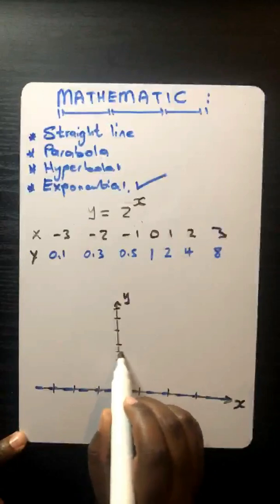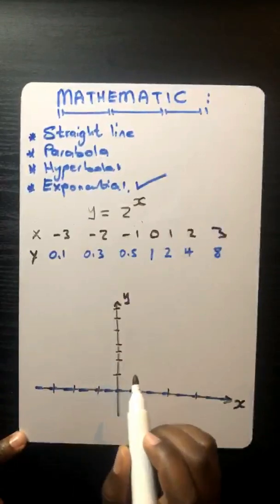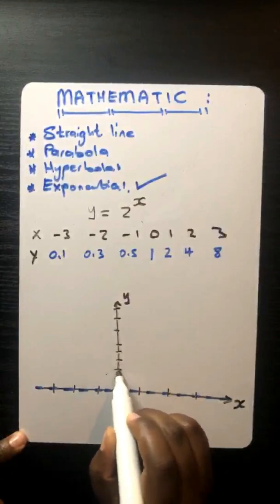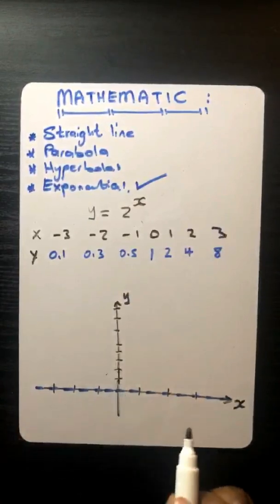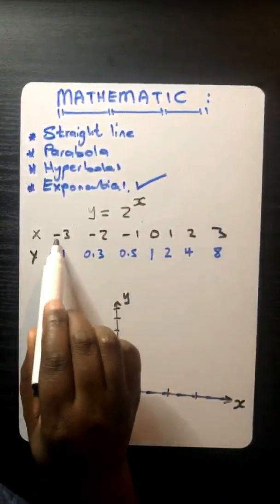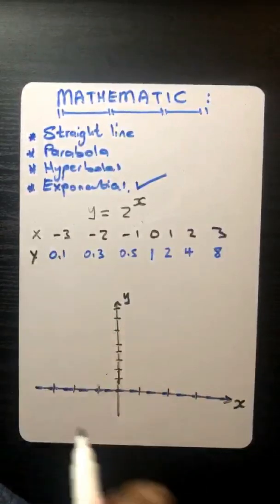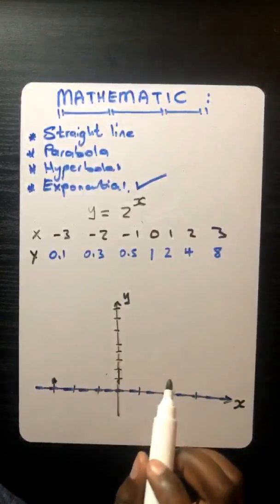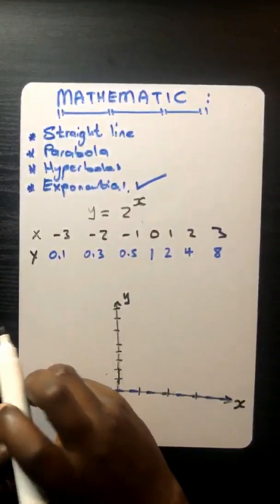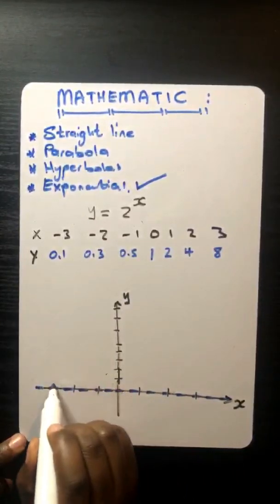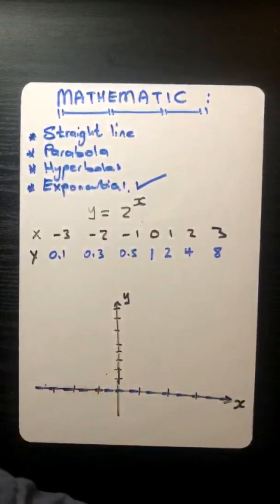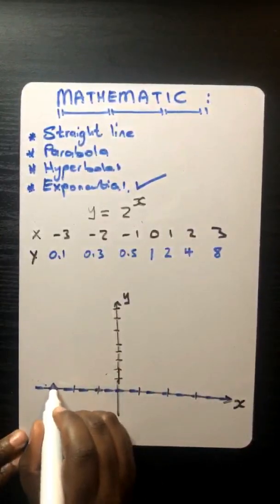Maybe I can squeeze in something there. Okay, so now where x is -3, this is y. Let me actually use this ink. So it is actually, let's say there.